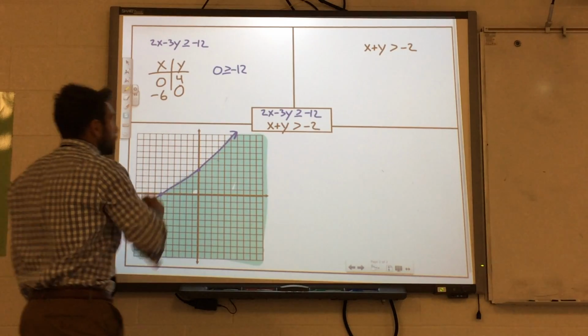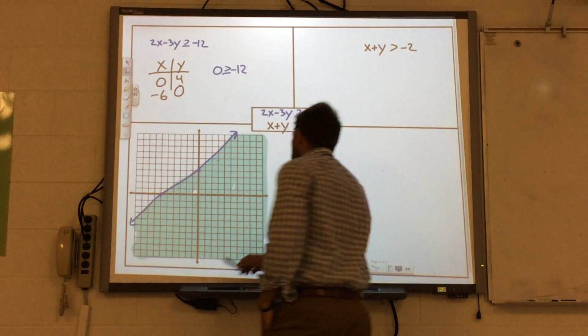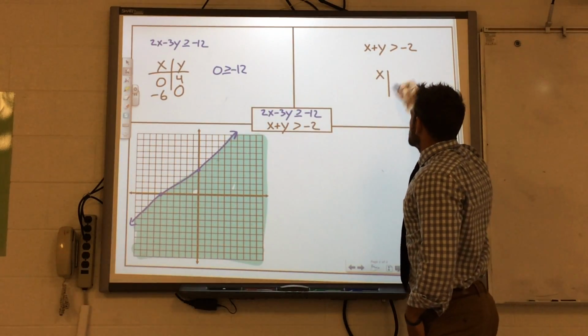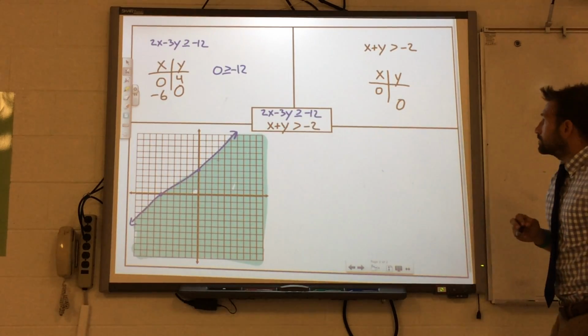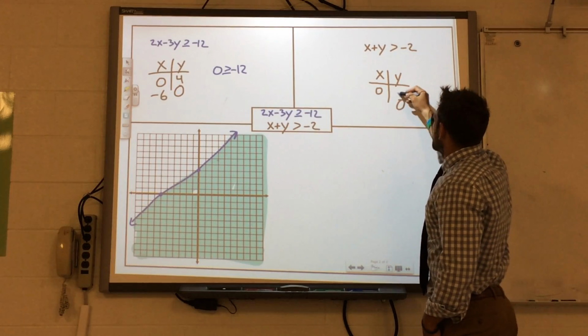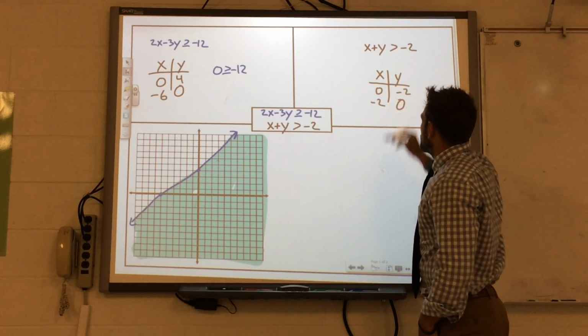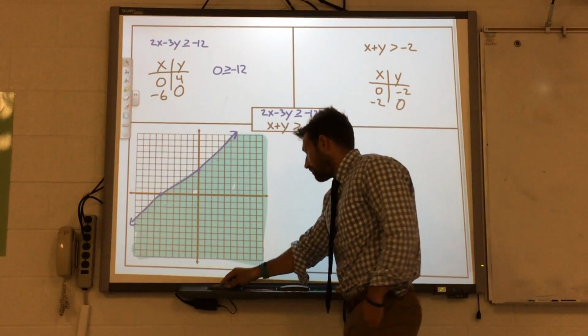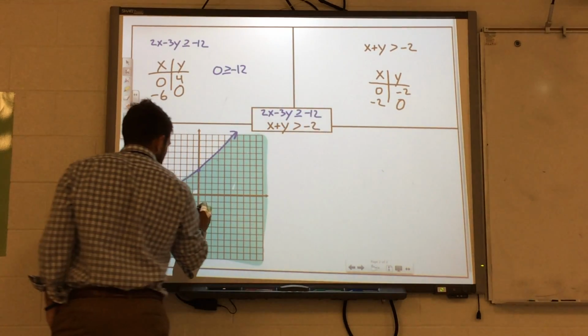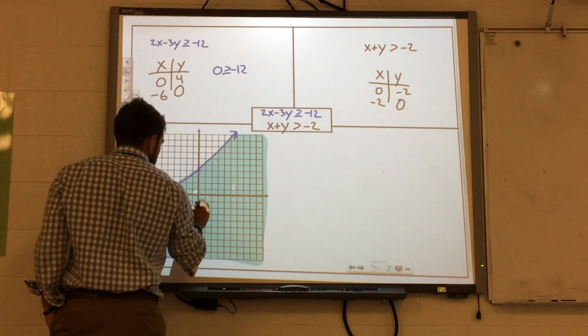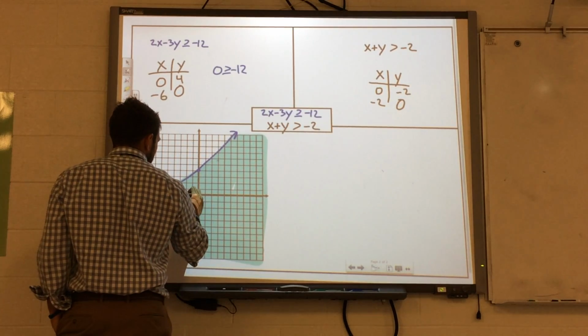All right, let's go to our second inequality. X and y intercepts. Negative 2 divided by 1 is negative 2. So 0, negative 2 and negative 2, 0.